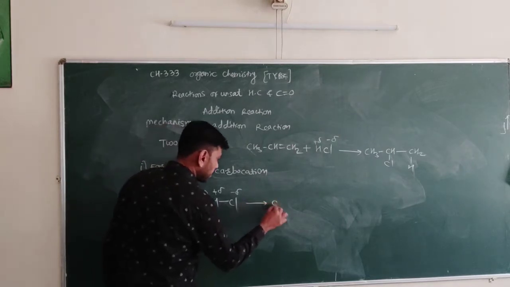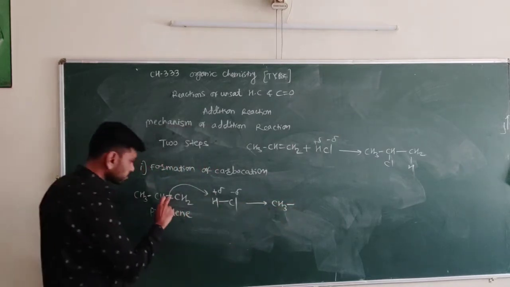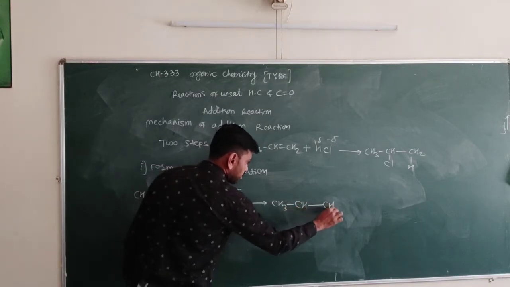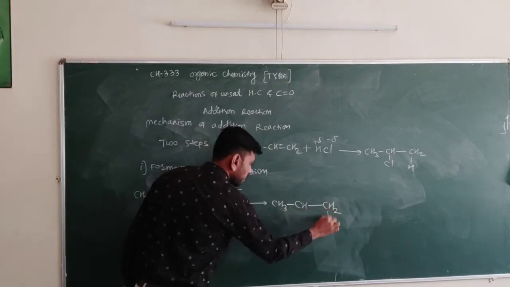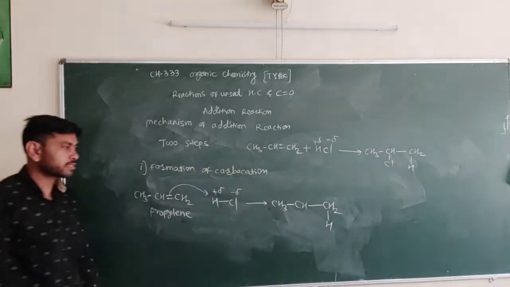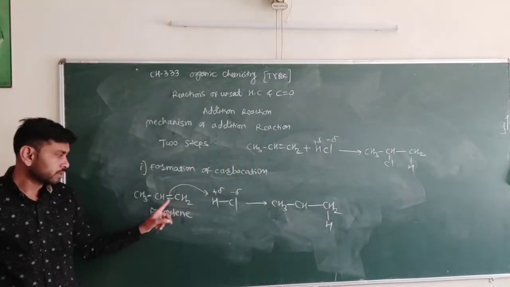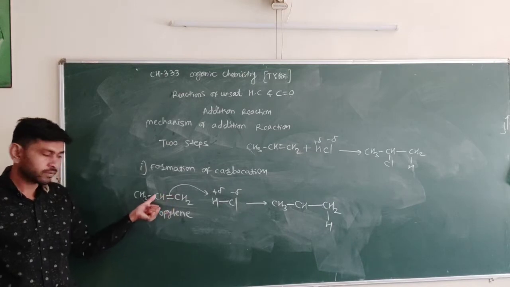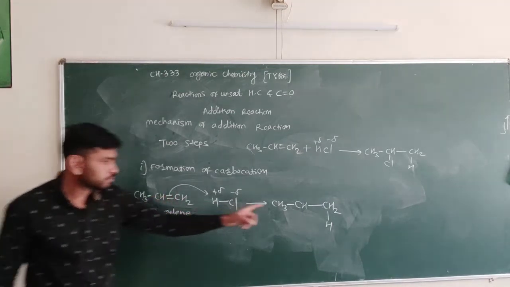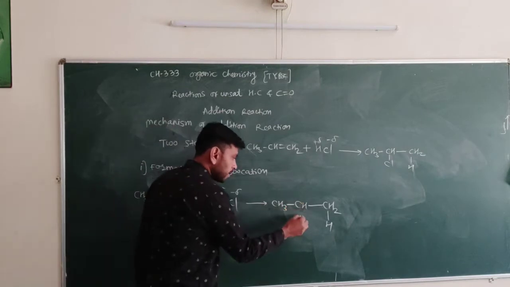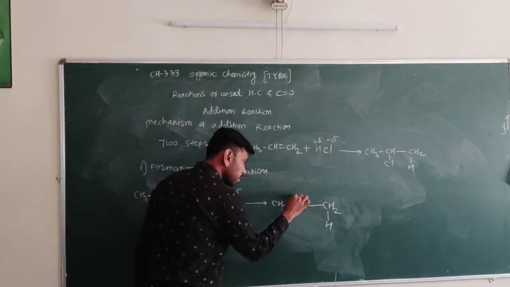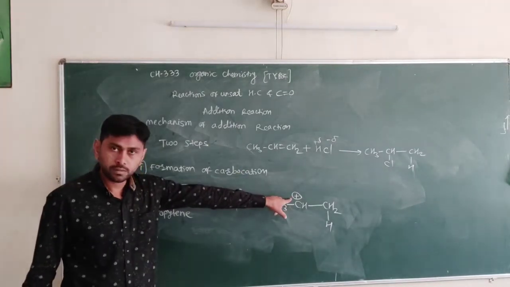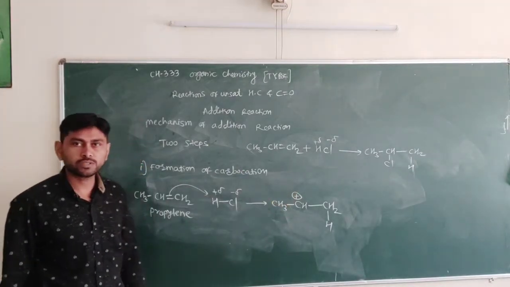So this hydrogen ion is accepted by this carbon. We get here CH3, CH and CH2, and this hydrogen ion is accepted by this carbon. Now this carbon accepts the hydrogen ion but leaves the other carbon with a deficiency. It has only six electrons, not an octet, so it remains deficient, and that's why we put a positive charge on this carbon.